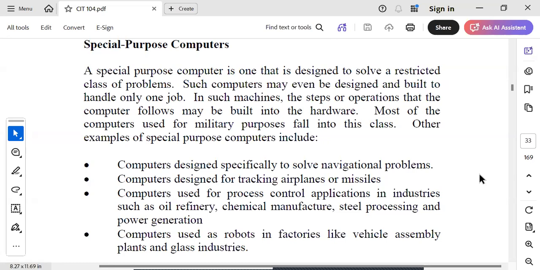What is the topic sentence? The topic sentence is on the first paragraph, sir. That says that it's designed to solve a restricted class of problems, sir. A special purpose computer is one that is designed to solve a restricted class of problems.